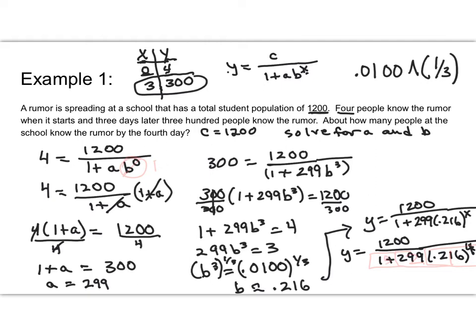Whatever number I have there, I take 1200 and divide by that number. My final answer was y equals about 729. I'm always going to round up. Can't have a part of a person.